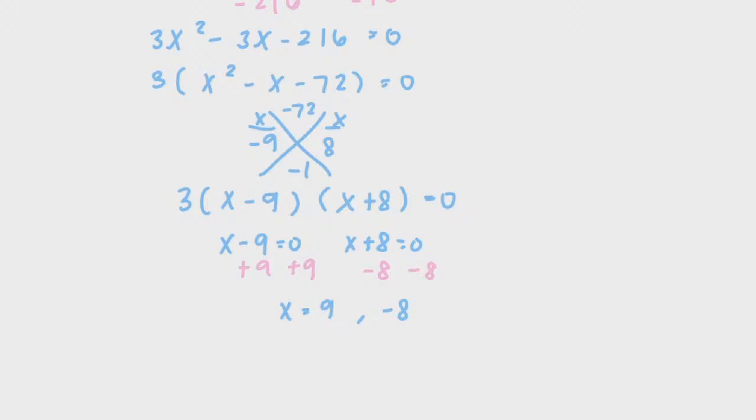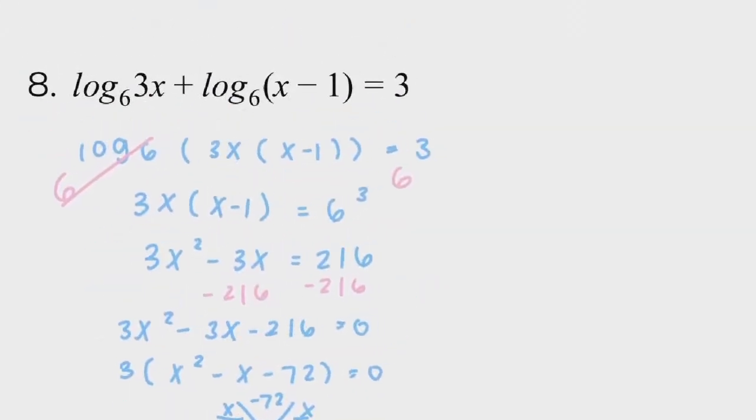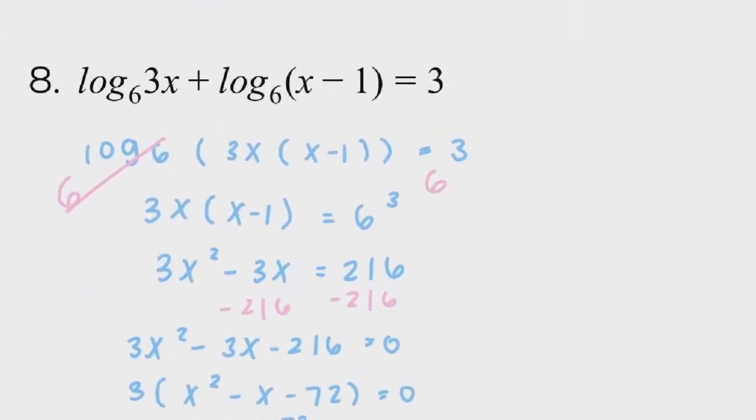Okay, so we have two numbers to check, 9 and negative 8. Okay, so that'll be log base 6 of 3 times 9 plus log base 6 of 9 minus 1 equals 3.